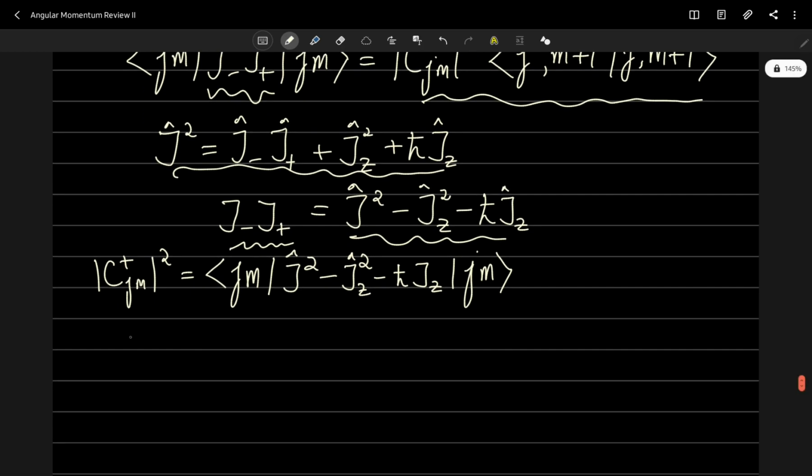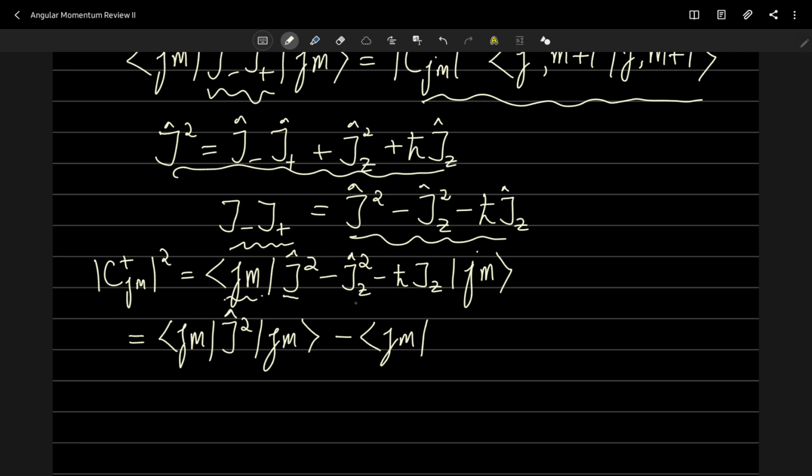Now from this we could simply act these operators one by one. So first we would have jm and this operator j squared on jm, right? Then minus this jm and this jz squared jm, and then again this minus, right?